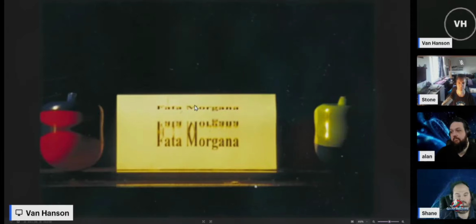And so now I want to go over a few examples of in the lab experiments. And these are all taken from, if you just search up, there's a whole bunch of them of people replicating these refractive phenomena in the lab. And in all these examples I'm going to show, it's all with a single line of sight, and they are all manipulating specific variables to create these effects.